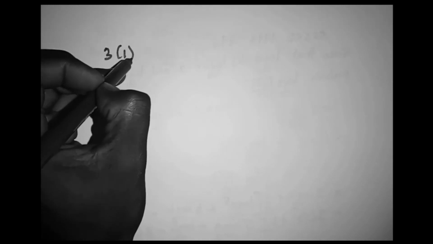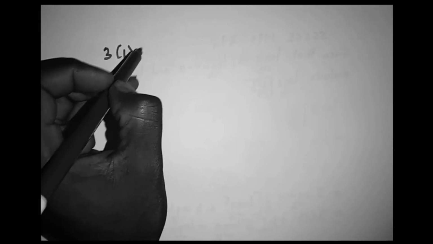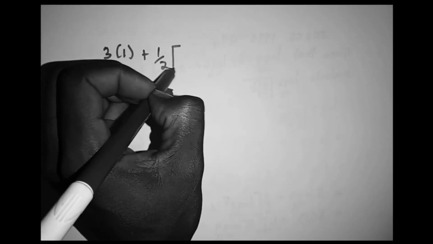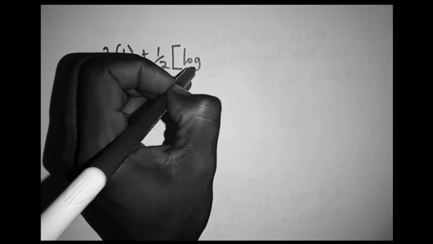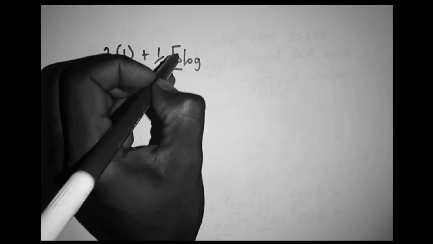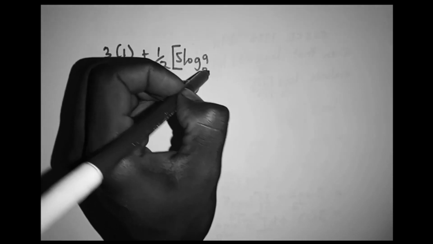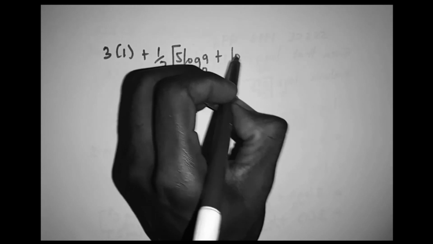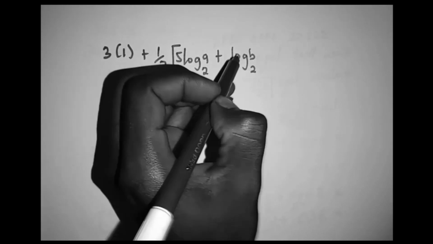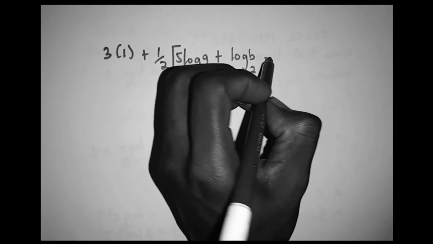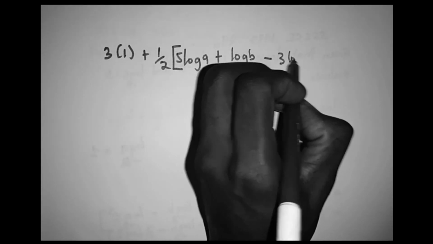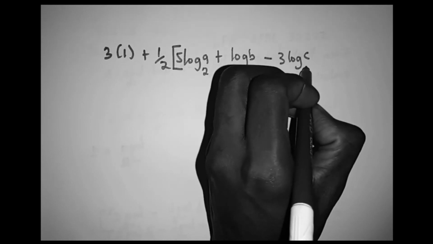So we're having 3 times 1 plus half into bracket 5 log a base 2 plus log b base 2 then minus 3 log c base 2.